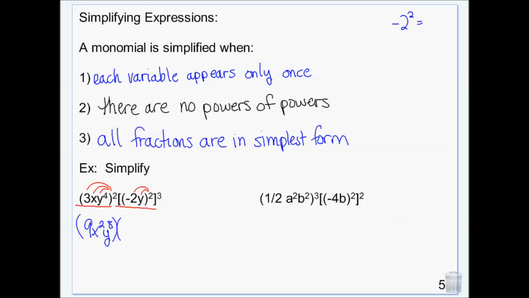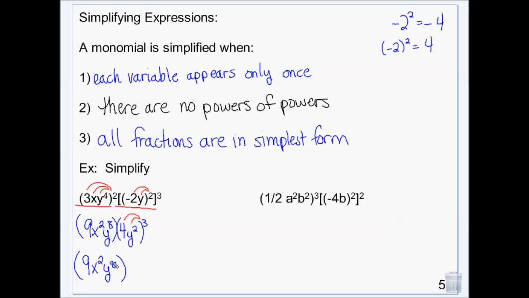If the negative is not inside the parenthesis, it's still negative. If the negative is inside the parenthesis, it'll be positive. So this negative is inside the parenthesis, so that's going to be +4 y squared, and then I need to take that to the 3rd. So this gives me 9x squared y to the 8th.